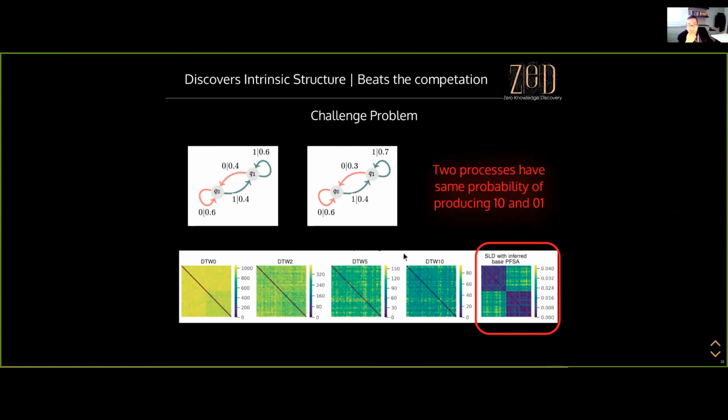Not only that, and I don't want to go into a review of the dynamic time warping algorithm, but it turns out that it is easy to break. So for example, if you have time series where things like this happen, say a binary time series where the probabilities of 1, 0 and 0, 1 are identical in the two classes, then no matter how hard DTW tries, you will not be able to distinguish them.